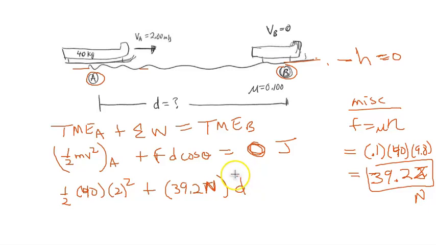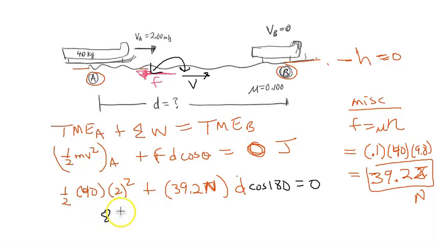The distance it traveled is what we're looking for. And friction is opposite the velocity, and the velocity is this way. The angle between these two vectors is 180. Okay, so this is clearly 80 joules, because we had 80 joules, minus 39.2 D, because the cosine turns into just -1, equals 0.